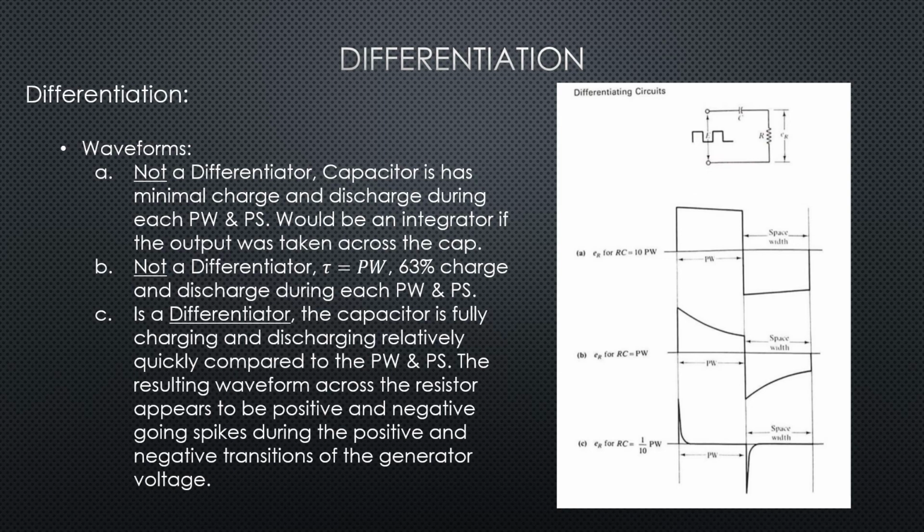And so we end up with those spikes across the output, the resistor. If you think of a differentiator as looking at the input signal, the square wave, and wanting to highlight where change is occurring, that's what those spikes represent: quick changes on the input.